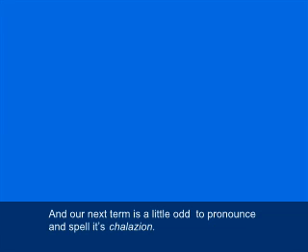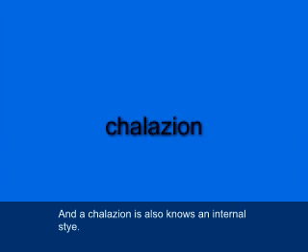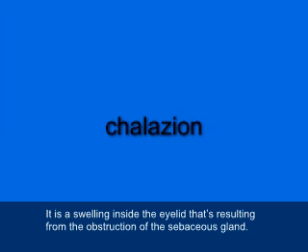And our next term is a little odd to pronounce and spell. It's chalazion. A chalazion is also known as an internal sty, and it's a swelling inside the eyelid that's resulting from an obstruction of a sebaceous gland.